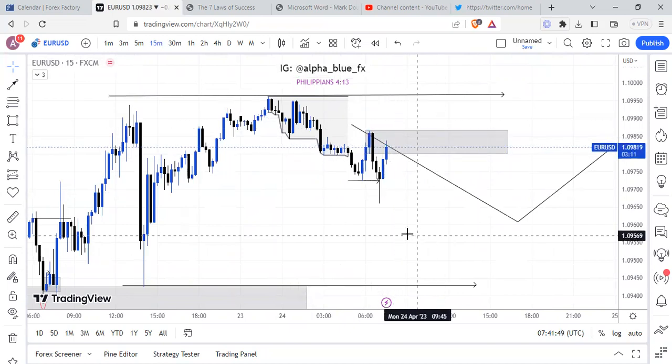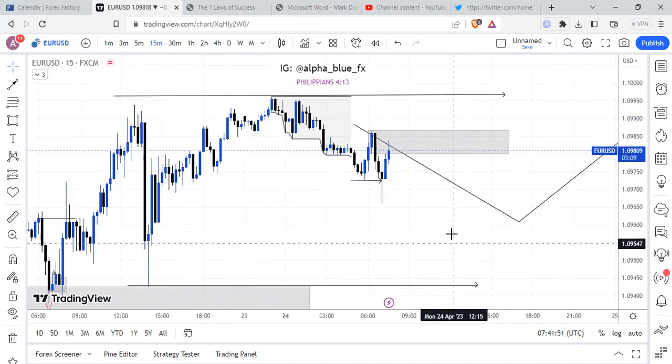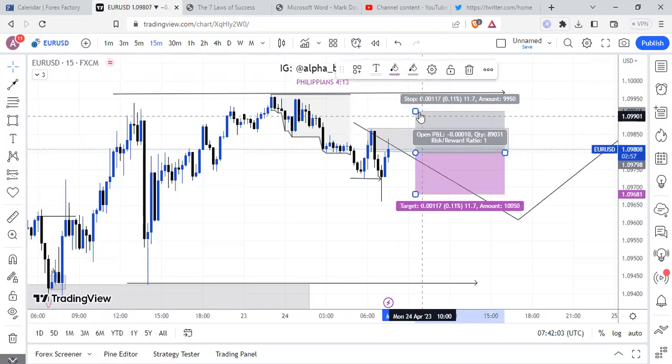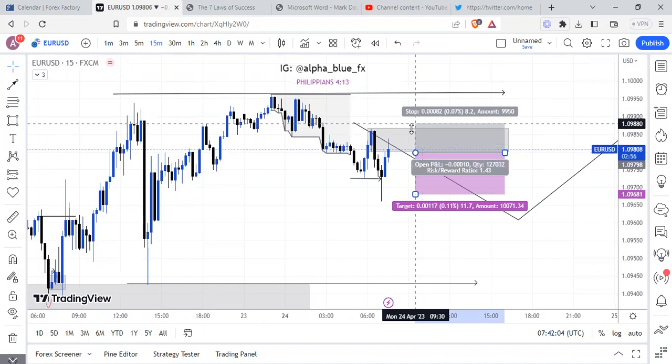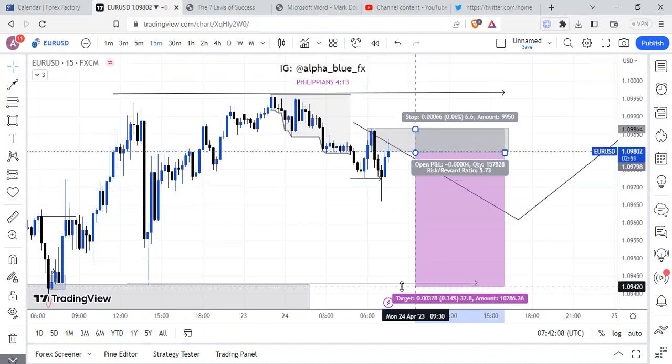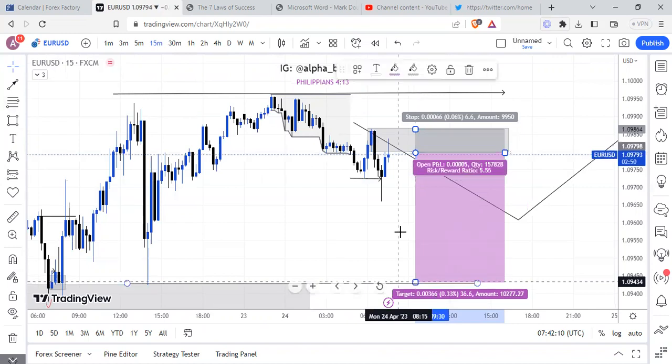So even though this looks like a good setup and something that is worth looking at, me personally, I will not enter this particular setup right here. The only time I'm going to be entering this, so this is the idea right here, for a 5 hour.